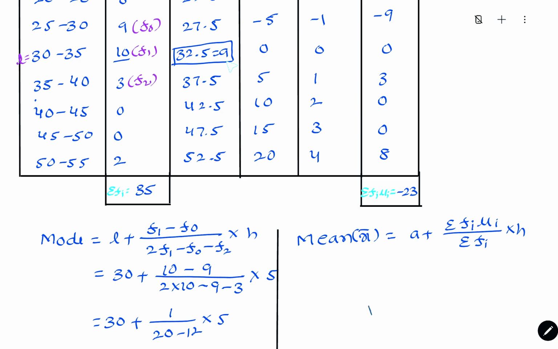In this question we assume a is equal to 32.5, sigma fi ui is minus 23, sigma fi is 35 and height is 5. Now substitute these values in the mean formula. Here a is 32.5 plus sigma fi ui is minus 23 by sigma fi is 35 into h 5.